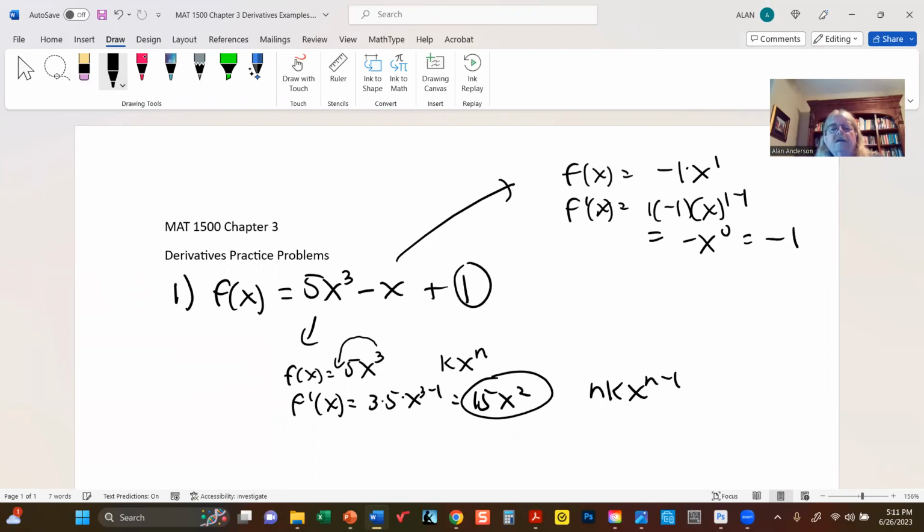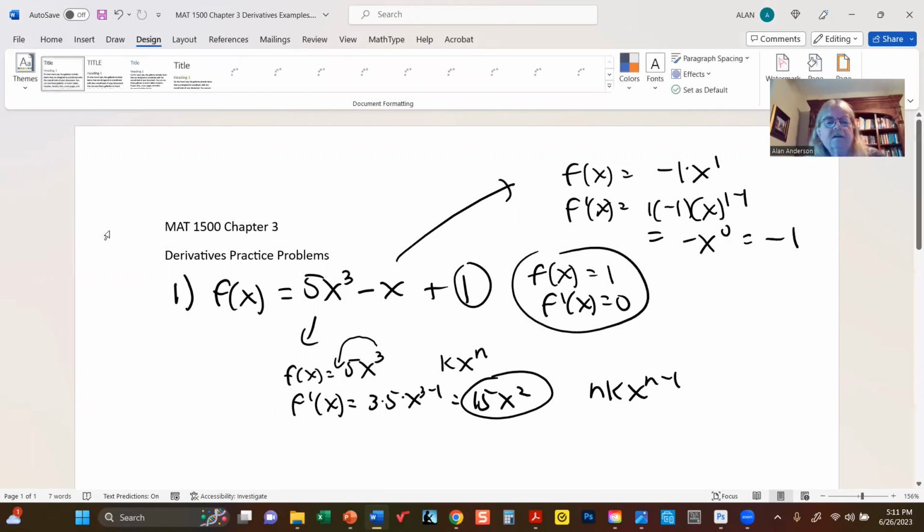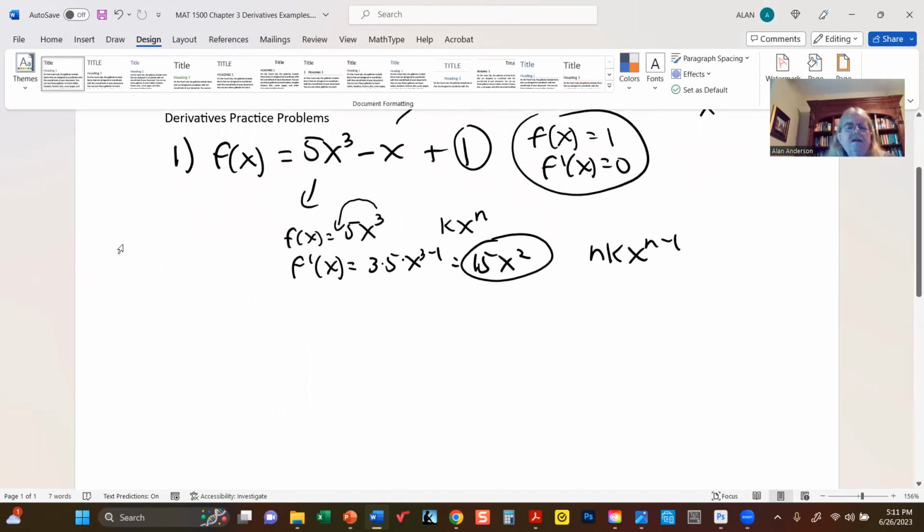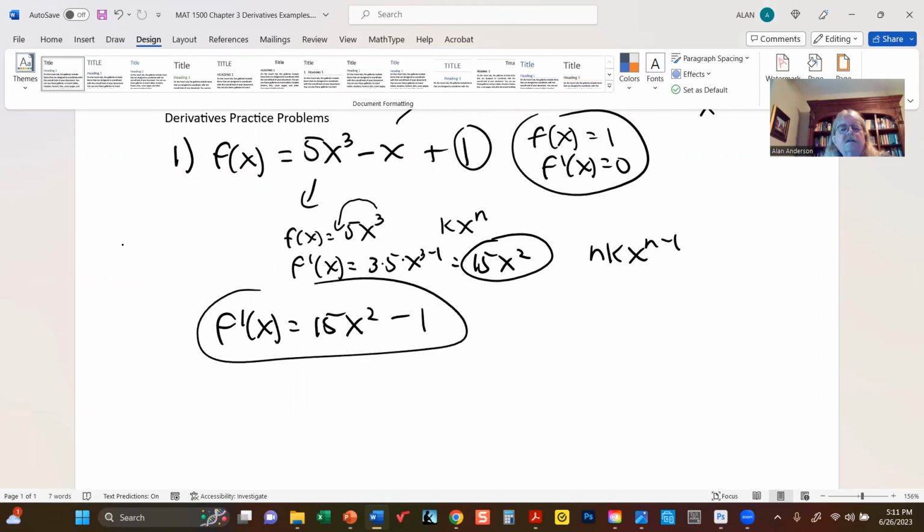And then here, if f of x is a constant, in this case it's 1, then this is guaranteed to be 0. So you bring all this together, and that's it, you're done. All right. So all the polynomials are going to be very similar to this.